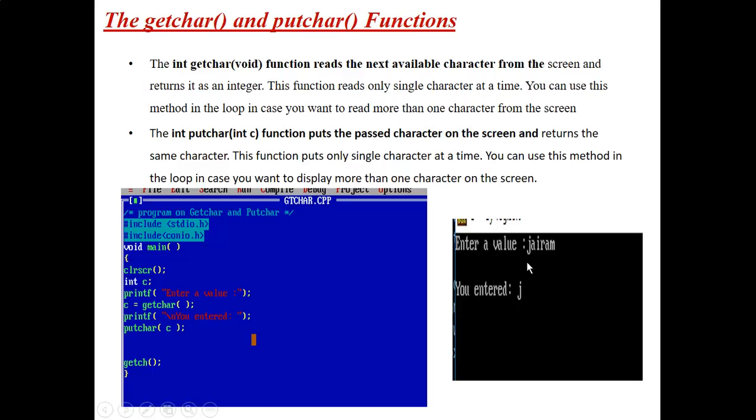That is the importance and the definition of getchar and putchar: getchar reads only one character at a time, and putchar passes that one character onto the output screen. This is the way we use the putchar and getchar functions while writing a program in the C programming language.